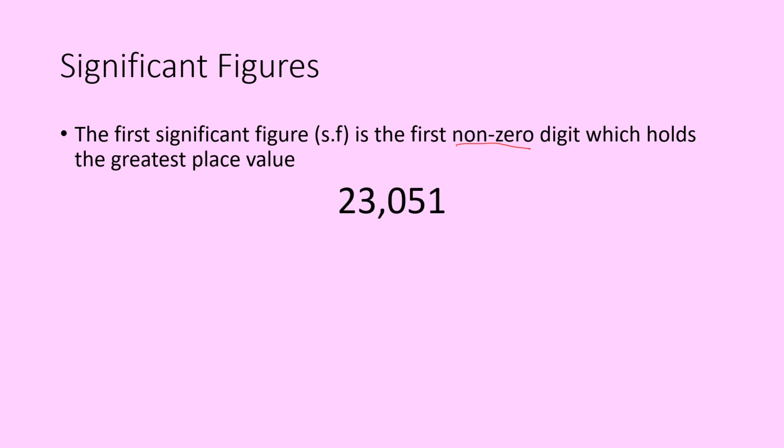Say we've got the number 23,051. So the first non-zero digit which holds our greatest place value would be the 2. So our first significant figure is going to be 2.